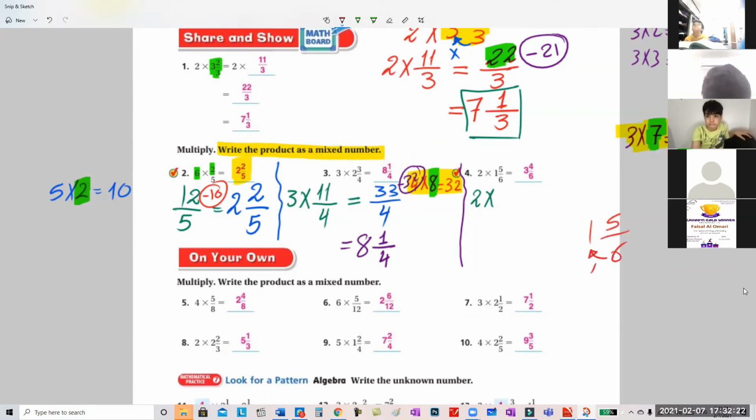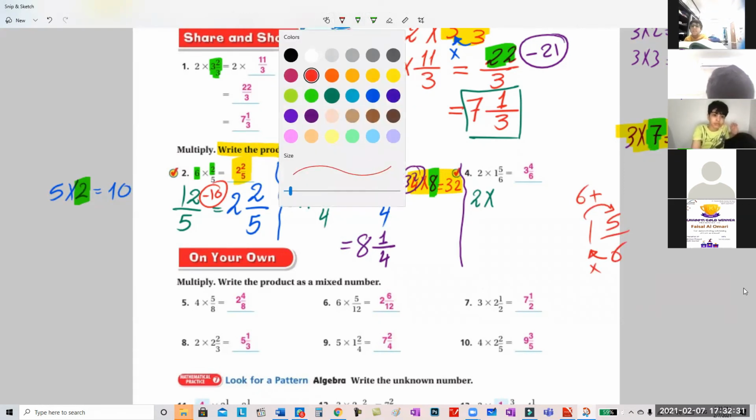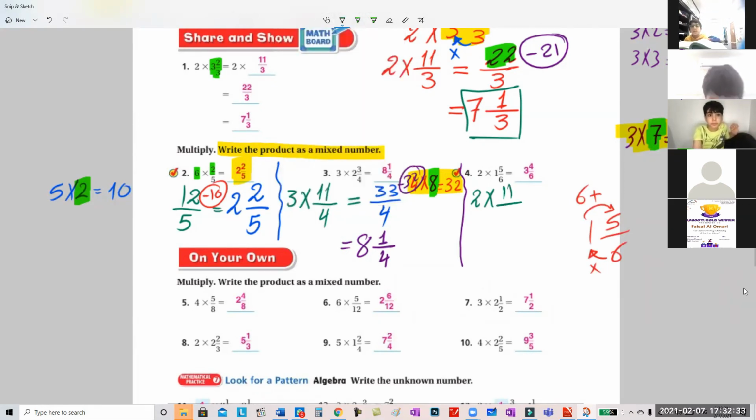We multiply and add: 6 multiplied by 1 equals 6, and then 6 plus 5 equals 11, so it will be 11 over 6.